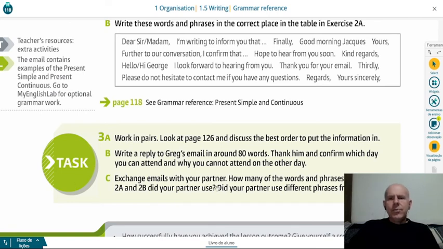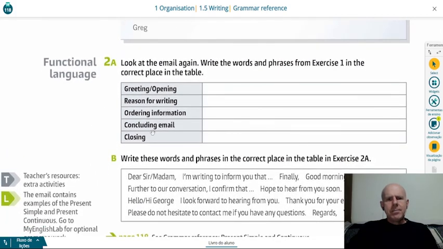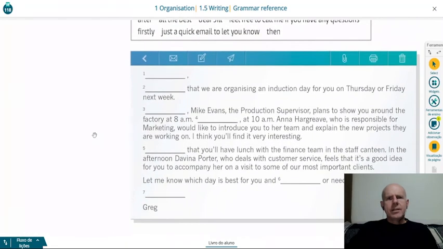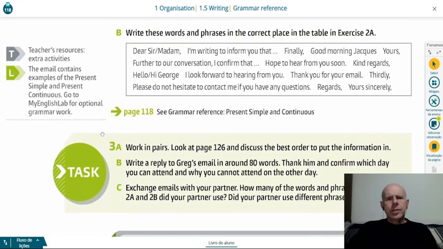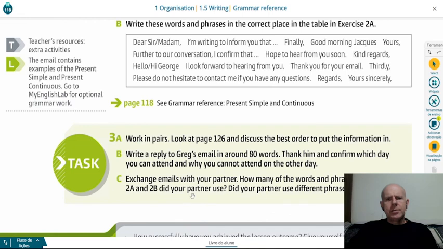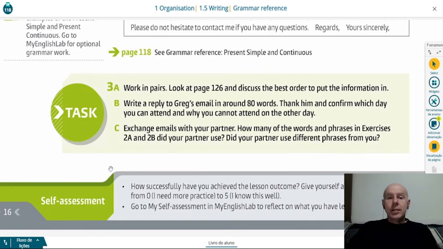But after that, if you are part of a group, you are going to exchange emails and look at how many of the words and phrases in exercise 2A and 2B, these expressions, you are going to use, or your colleague used, right? Did your partner use different phrases from you? It's wonderful when someone writes differently, because you can learn more when people don't do the same, right?